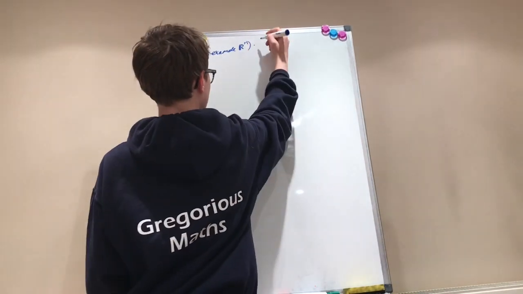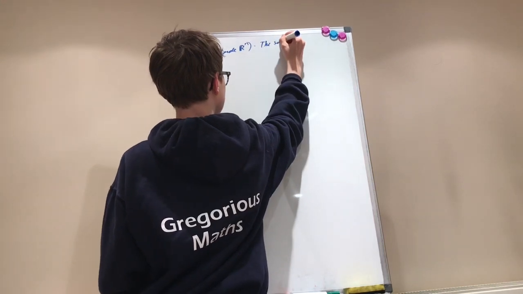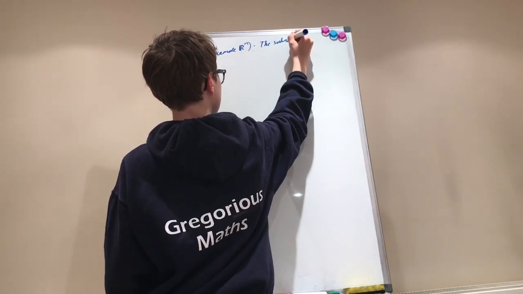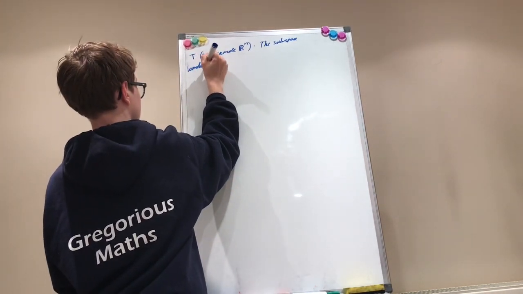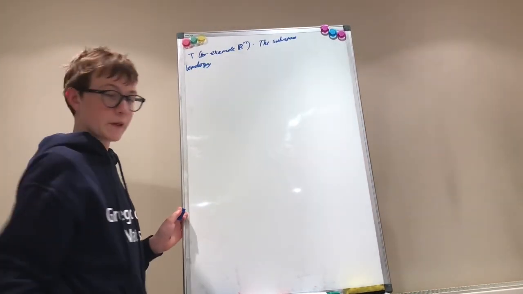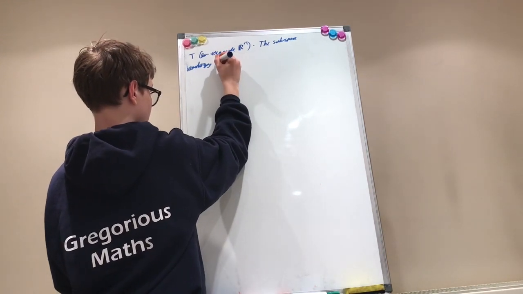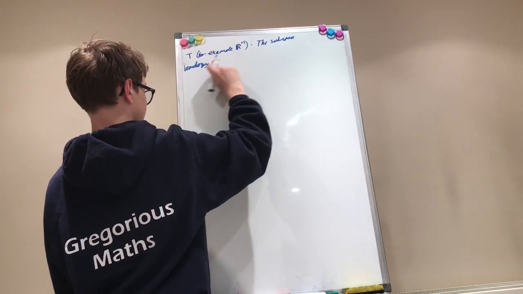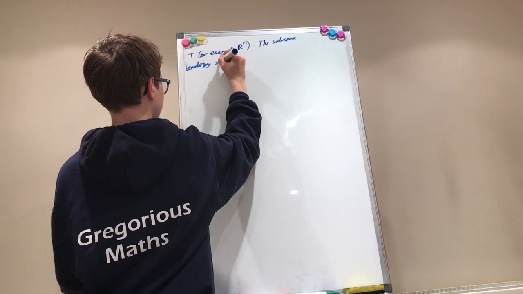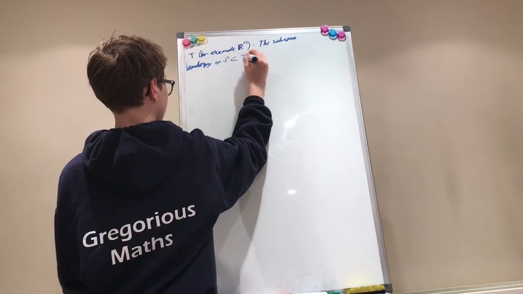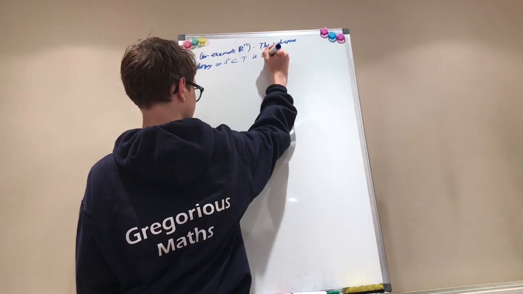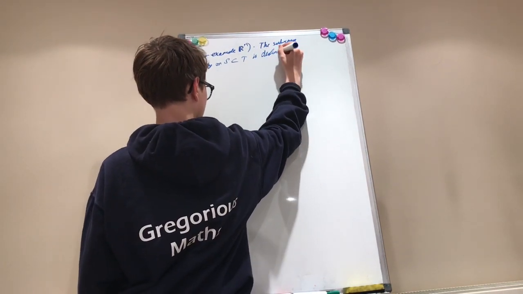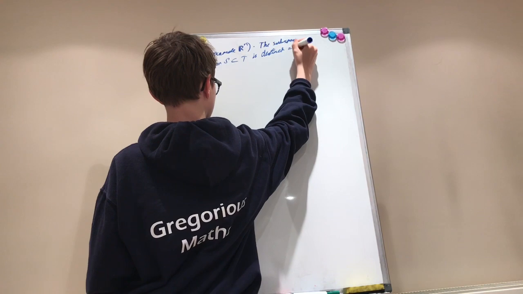Then the subspace topology on S, a subset of T, is defined as follows.